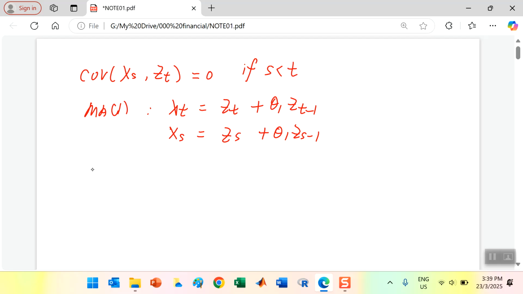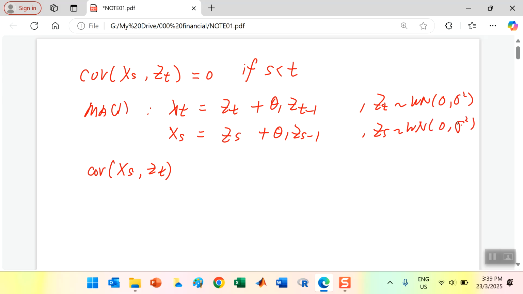So if you have a covariance between the XS and ZT series, of course the ZT, in other words, will be following a white noise with a mean of zero and constant variance. Similarly, your ZS is also a white noise, a normally distributed value with mean zero and variance sigma squared.